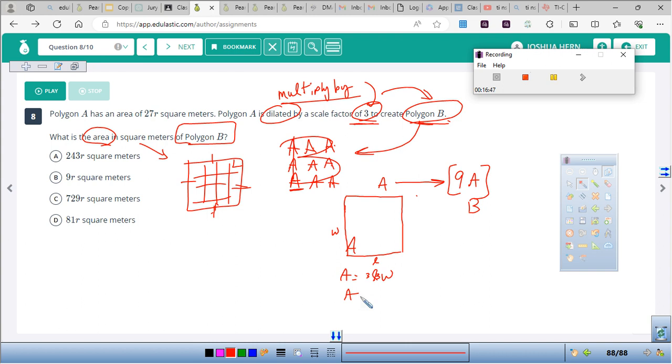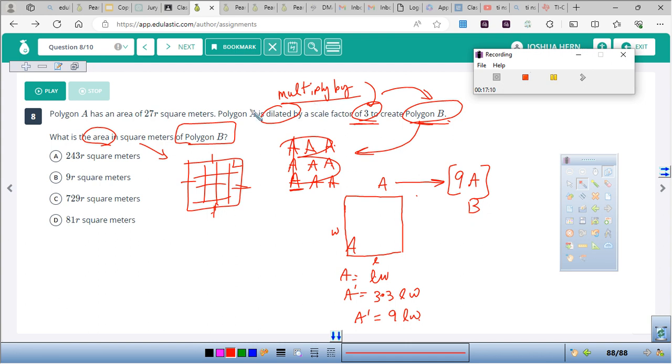So the area for the new one, A prime, would be 3 times 3 times length times width, which is 9 times length times width. The area of the original was length times width. So that's how we get this idea.